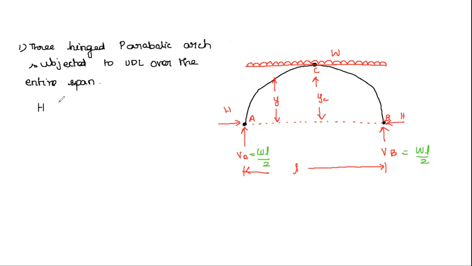So horizontal thrust H will be equal to WL square by 8H, that is, WL square divided by 8H.